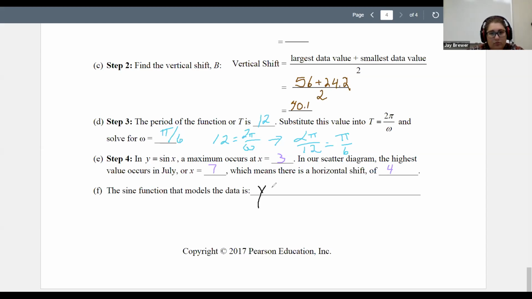Okay, so if we were to try to write this whole thing out, y equals our amplitude. I'll give you guys that one because we had to erase it to make room. Our amplitude was 15.9. Sine.